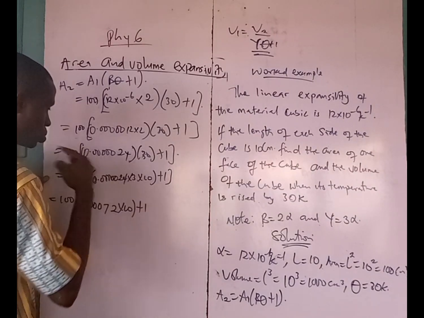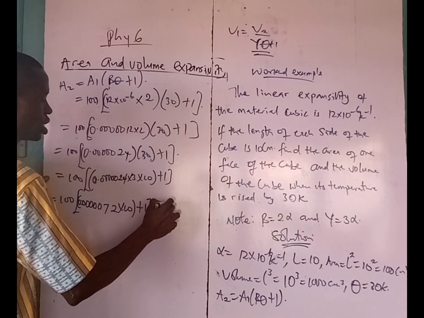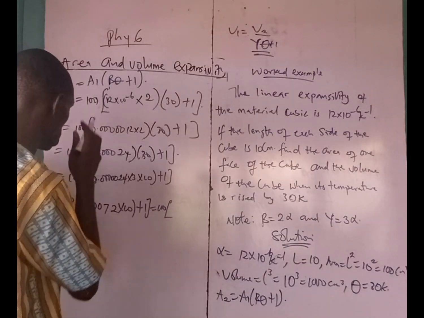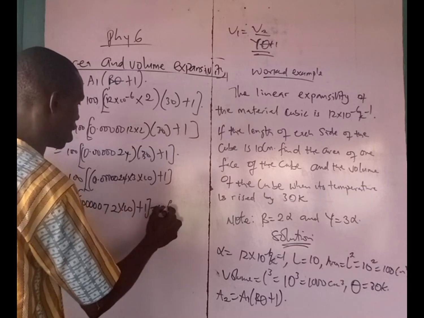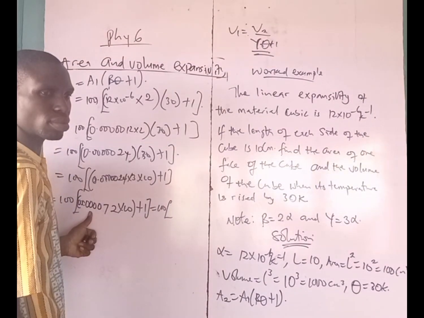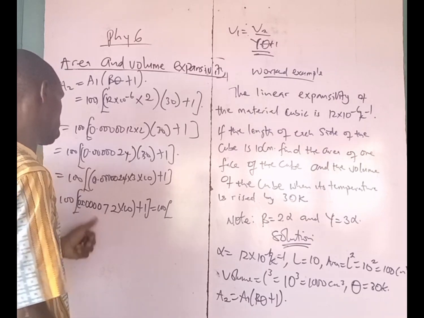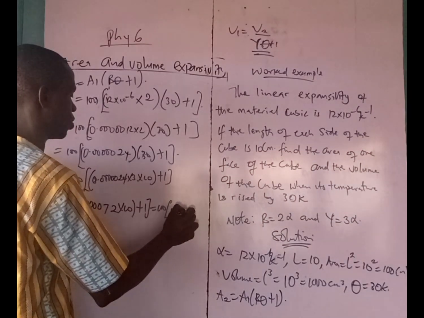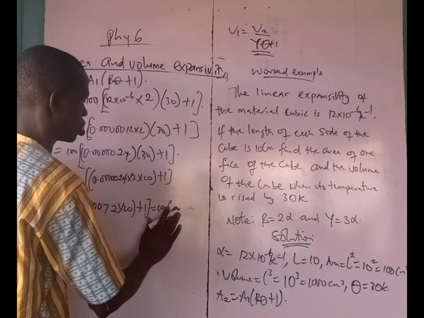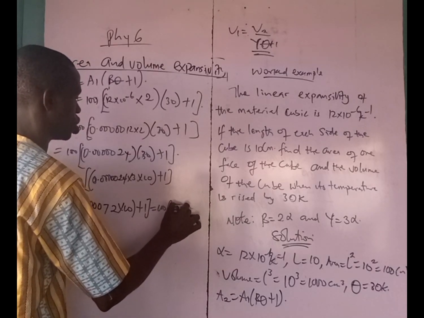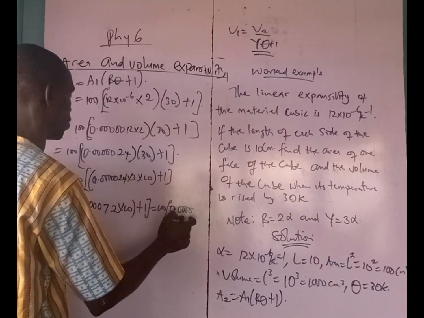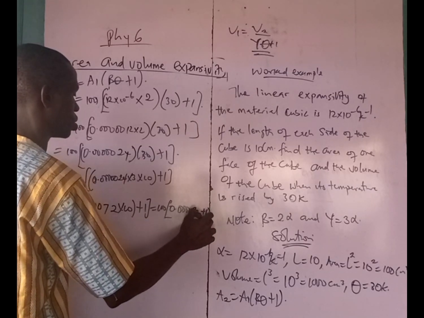That will give us 100 into times 10. Of course, we know the point will shift by 1, so you have 0.0000072 plus 1.